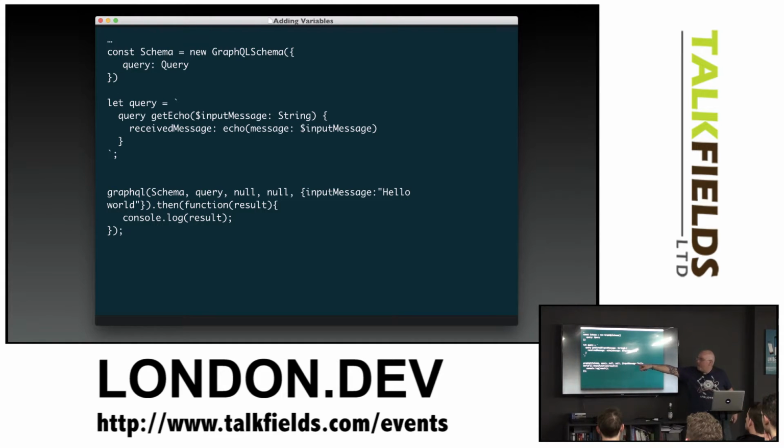Now if we call GraphQL, this is actually a long, I haven't quite found the answer for this, and maybe Jonas will tell me, but GraphQL has got a whole bunch of arguments before it actually passes the actual variables, right? It's got the schema, it's got the request string, which is a query, it's got the root value, and it's got the context, so it knows in which context it is, so you can nest this stuff, so you can pass the context down if you're doing recursion into the objects in the tree, right?